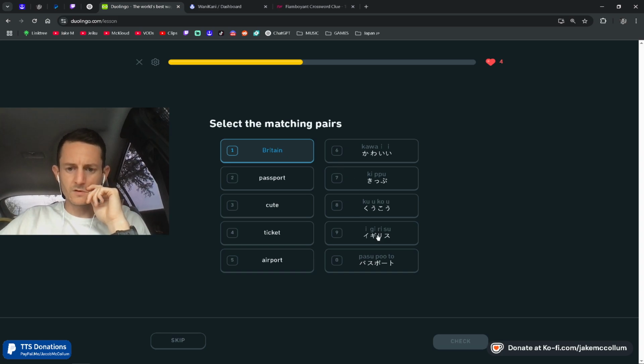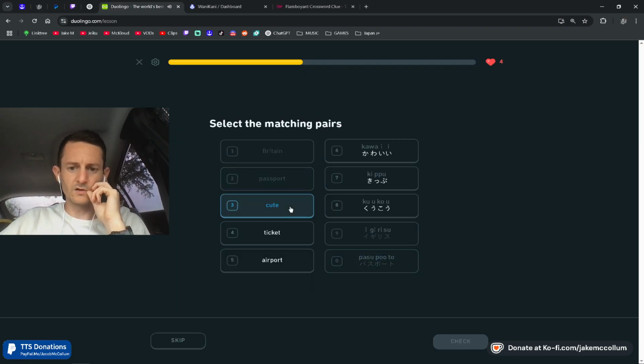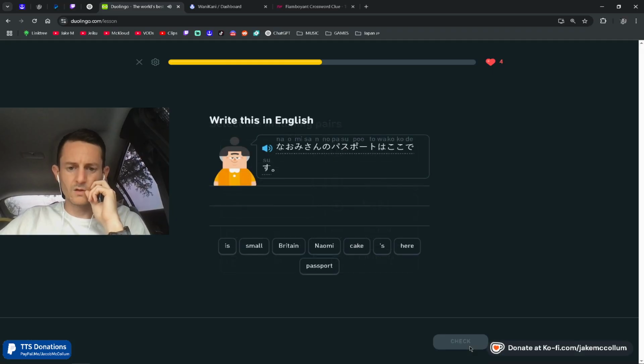Britain, Igirisu. Passport, passaporto, パスポート. Cute, kawaii. Ticket, kippu, 切符. Airport, kukou. ナオミさんのパスポートはここです. Naomi-san no passport wa koko desu.